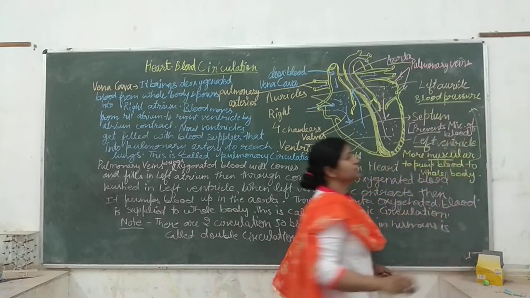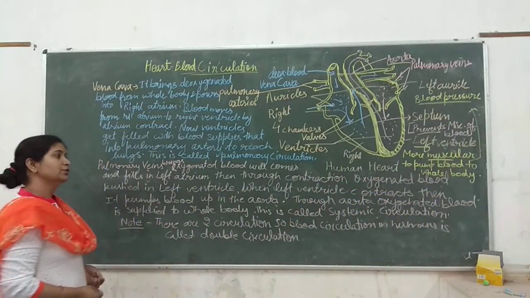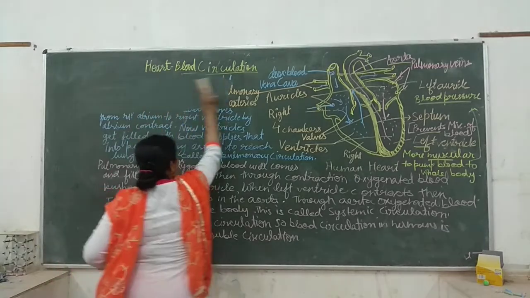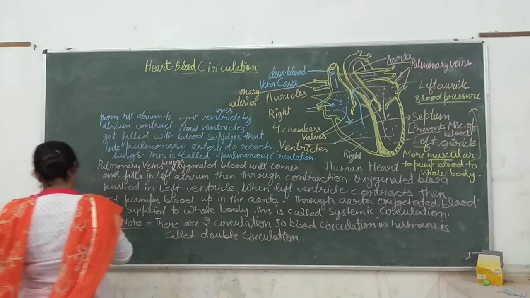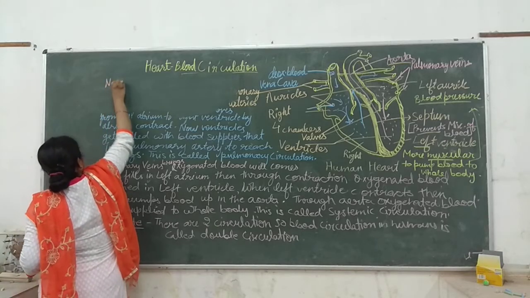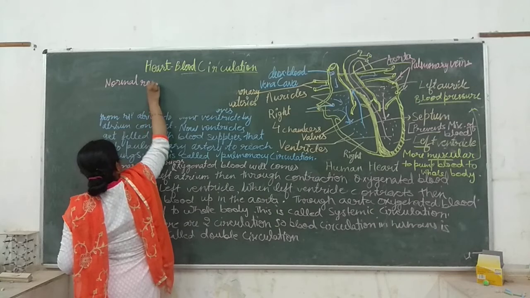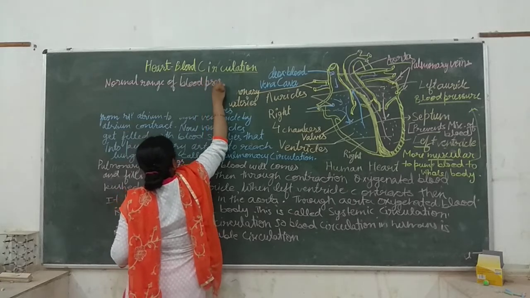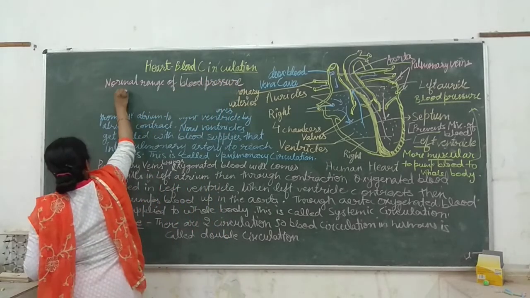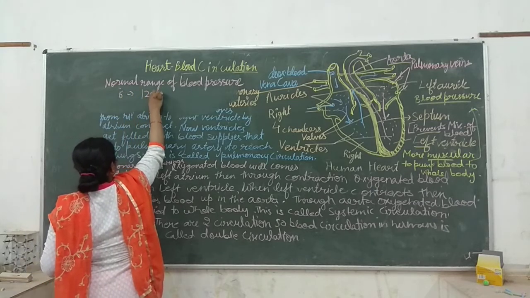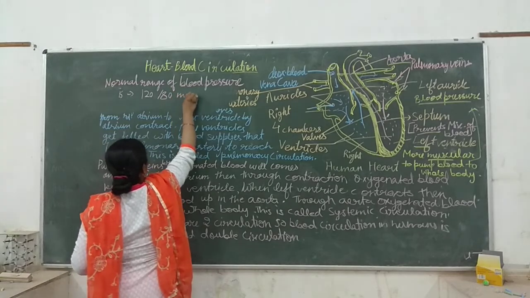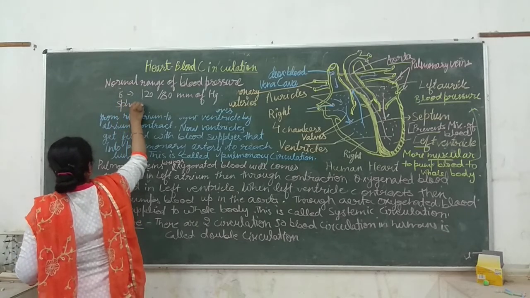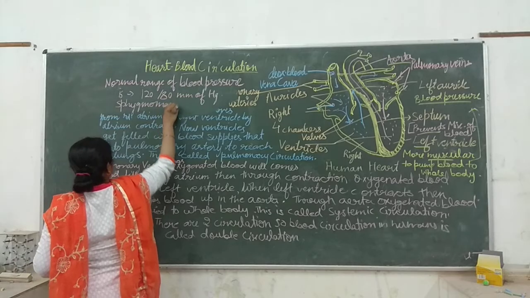What is the normal range of blood pressure in humans? The normal range of blood pressure is 120 by 80 millimeter of mercury, and it is measured by an instrument called a sphygmomanometer.